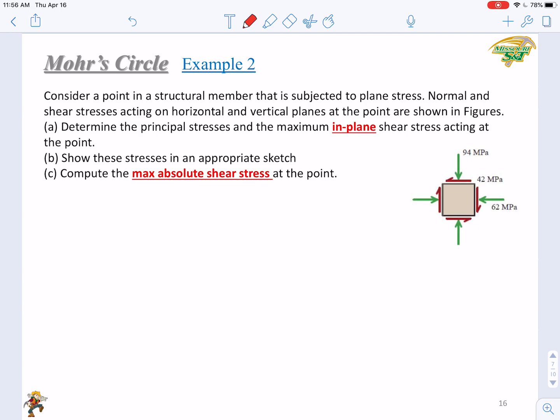So knowing this, let's go back to example 2 to solve the maximum in-plane shear stress and maximum absolute shear stress.